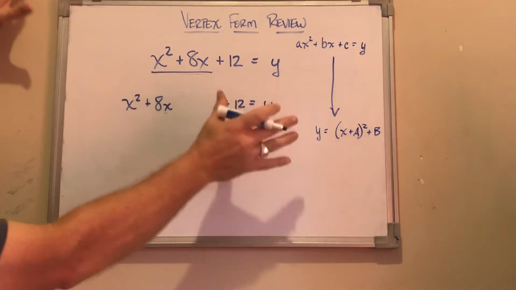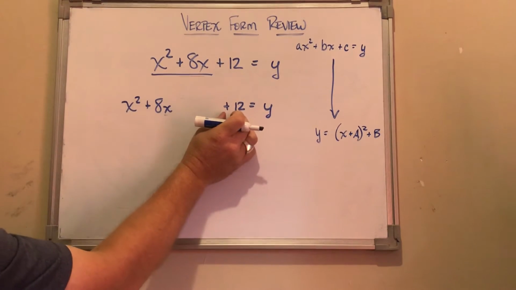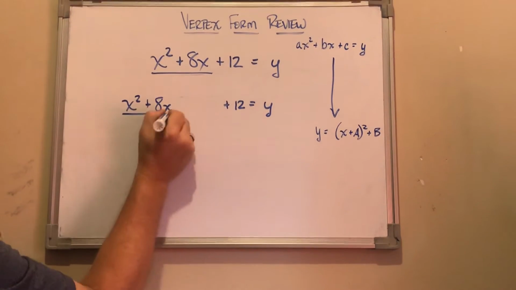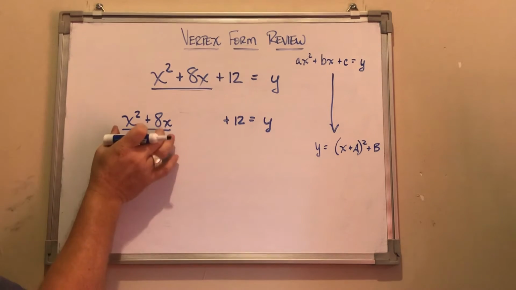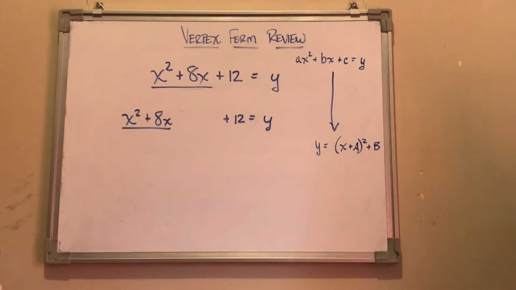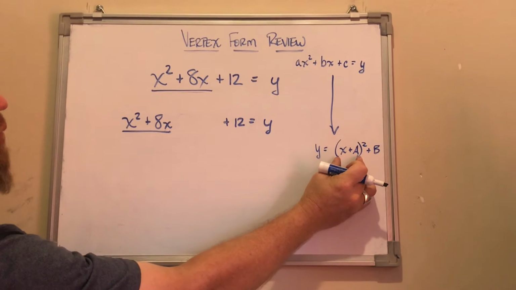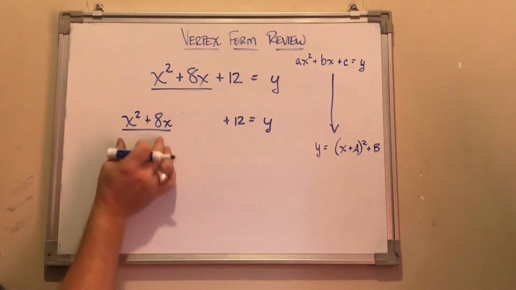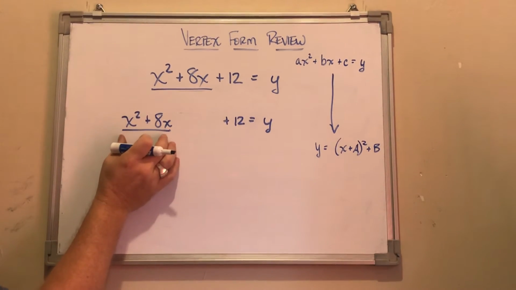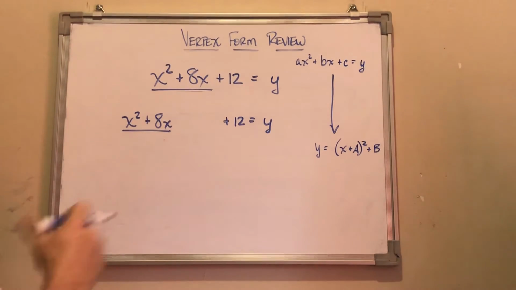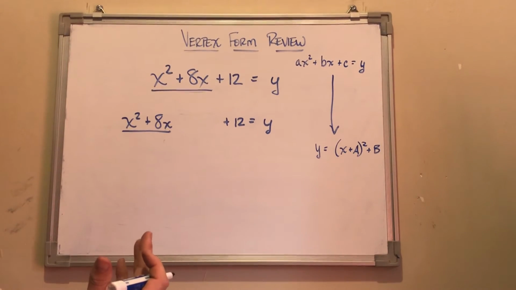All I've done is separate my positive 12 from the binomial of the variable x. And what we're trying to do is get a perfect positive square. In order to get a perfect positive square out of this binomial, we have to complete the square.